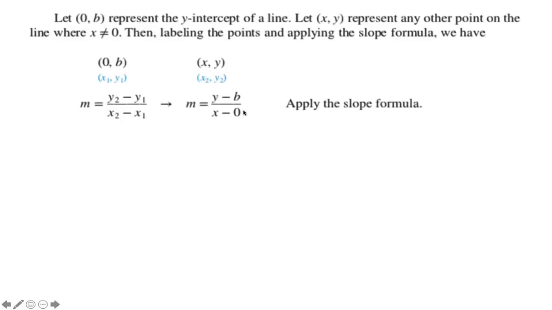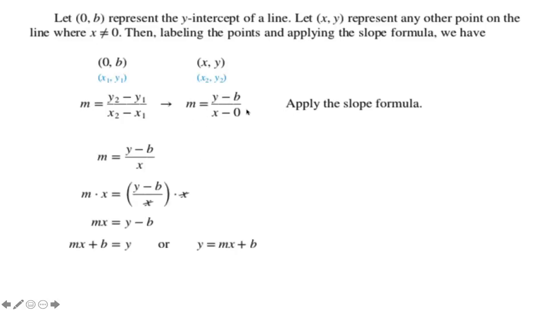You plug it in, you get this equation for the slope. And then x minus 0 is x, and if I cross multiply, mx is equal to y minus b, and if I add b to both sides, I get y is equal to mx plus b. So this is the equation of a line that has the slope m and the y-intercept b.